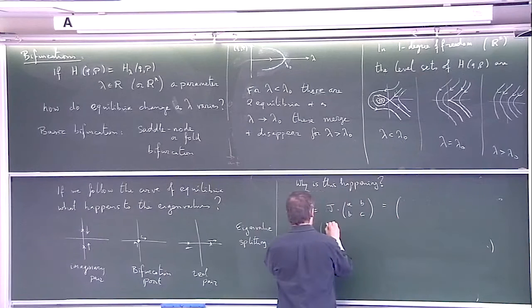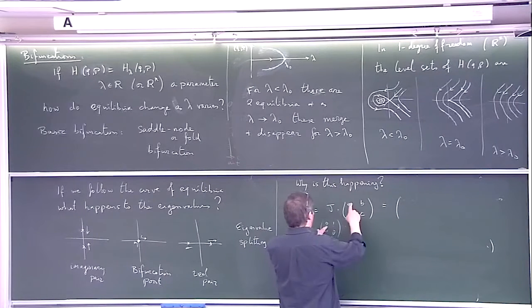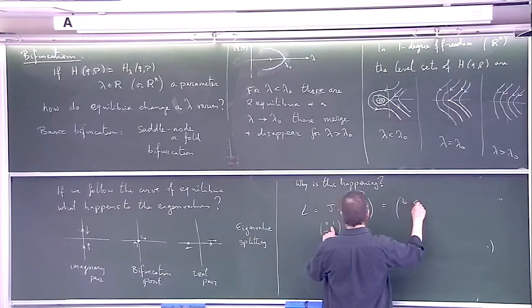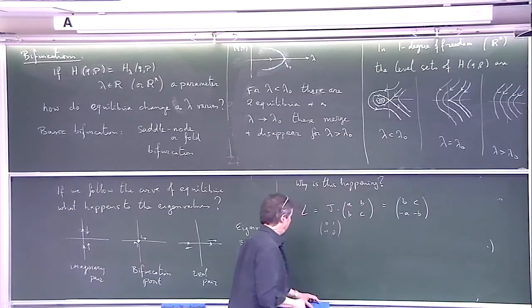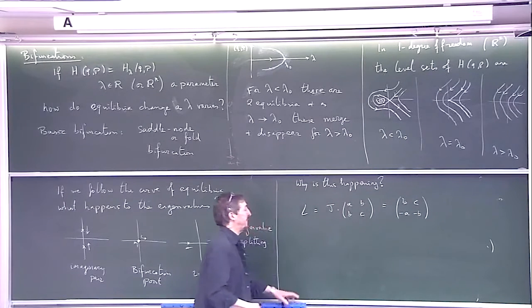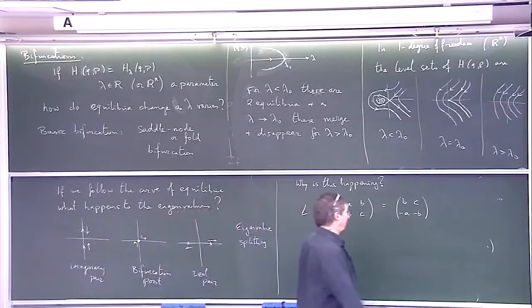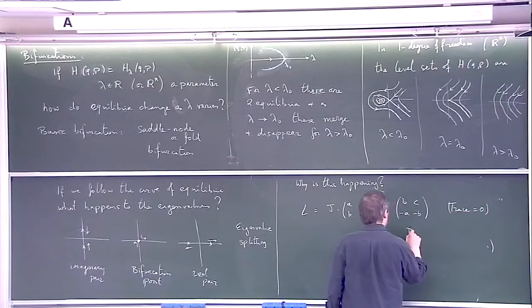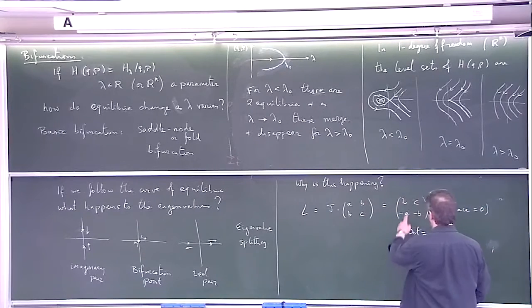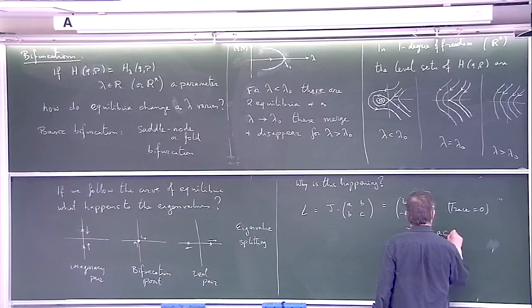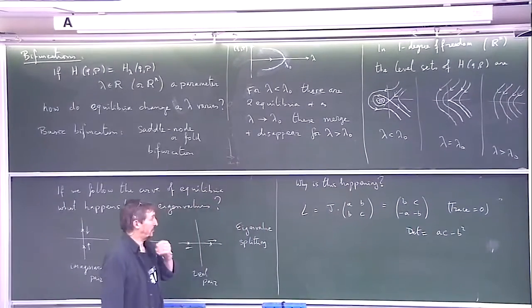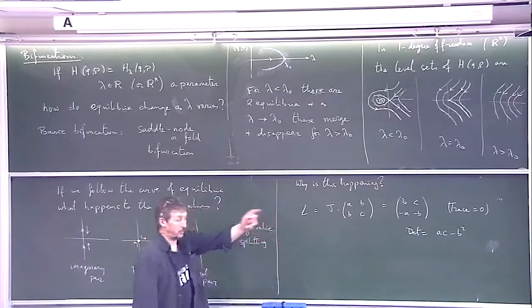So that's going to be B, C, minus A, minus B. Trace 0. And the determinant is AC minus B squared. Same as this determinant. But the important thing is it has trace 0.